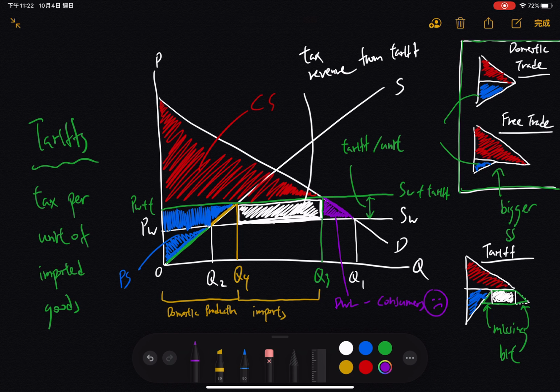All right, so now we can go to the deadweight loss on the left hand side, this one here. You can look at it based on this supply curve here. So this deadweight loss is basically about the domestic producers, because deadweight loss is when the society is losing efficiency.